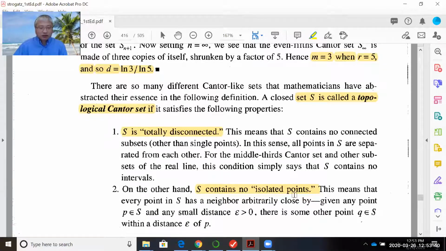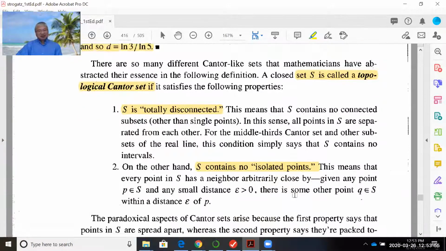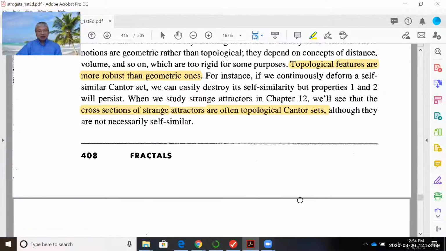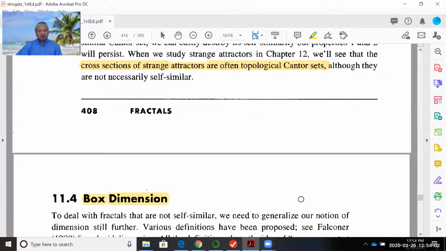That's very interesting. Everybody is disconnected from everybody, but none of them is isolated. It's like the physics 594 class now. We all are isolated from each other, but we are all connected to a certain degree. So this is a topological feature of this set. This is one way to calculate dimension.